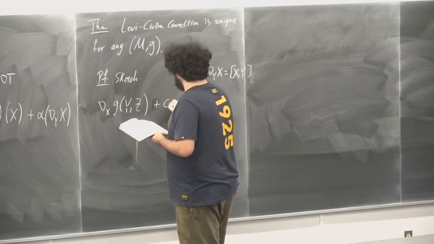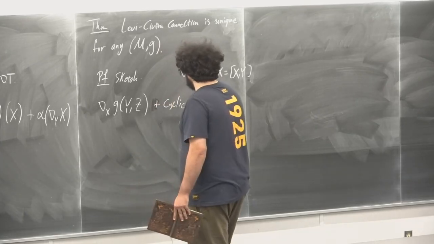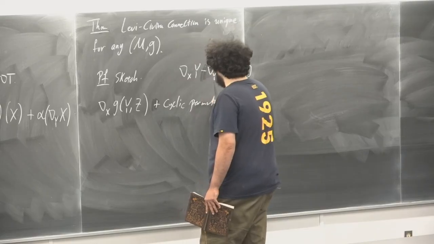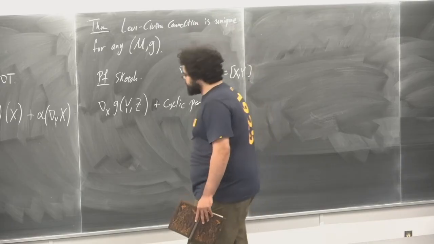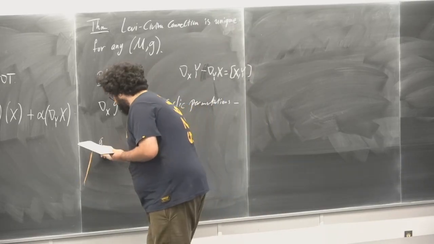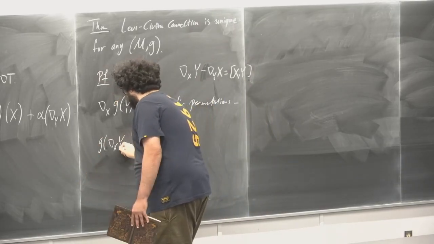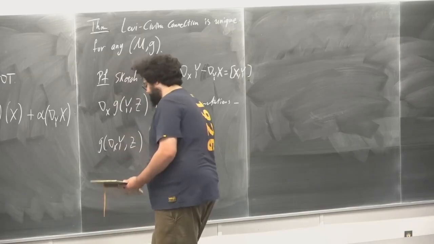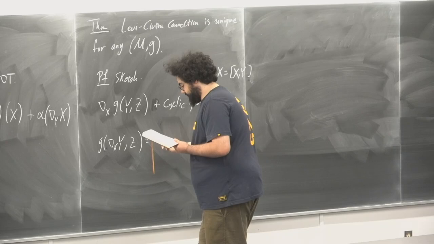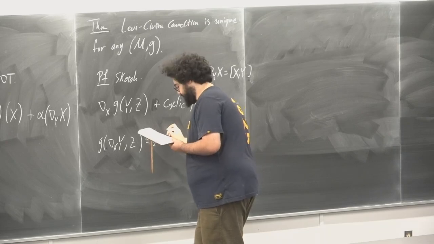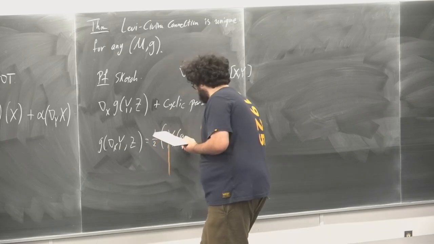So yeah, plus cyclic permutations. I think the last one might have a minus sign, but regardless, you get an expression for this. It's kind of a long expression, but I'll write it out.